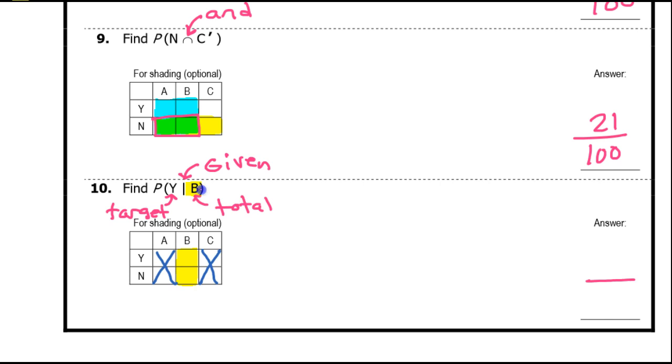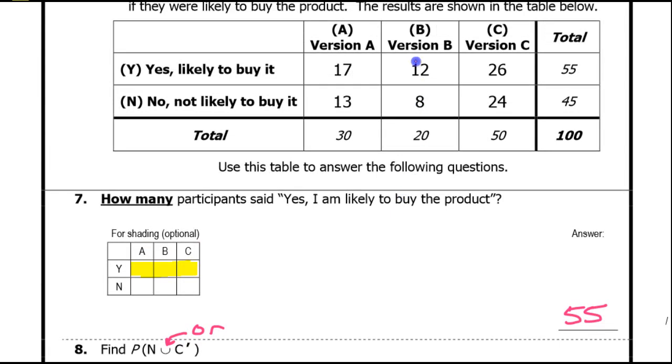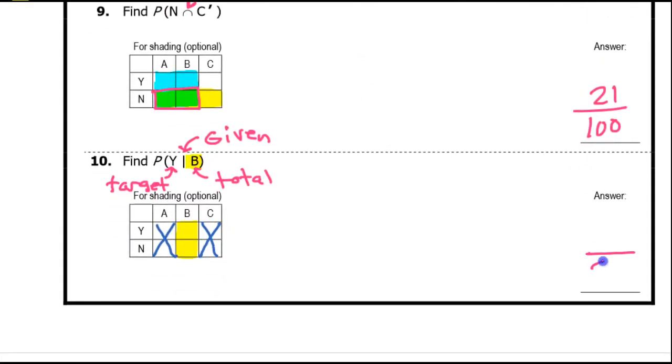Let's do the total first. So these two numbers right here, that's 20. So that's my new total. Now the target is Y, the yes people. So the target is this part. Of course I'm going to ignore what I crossed out.